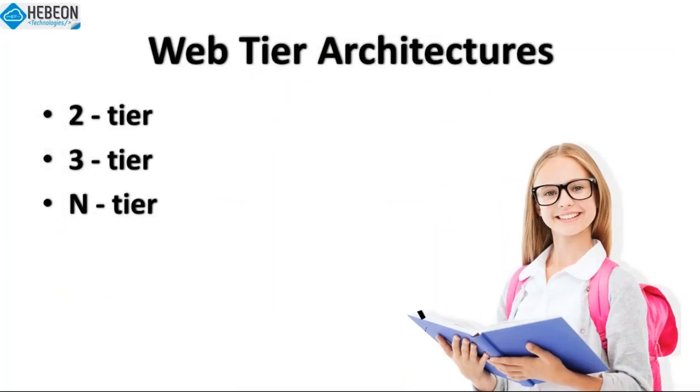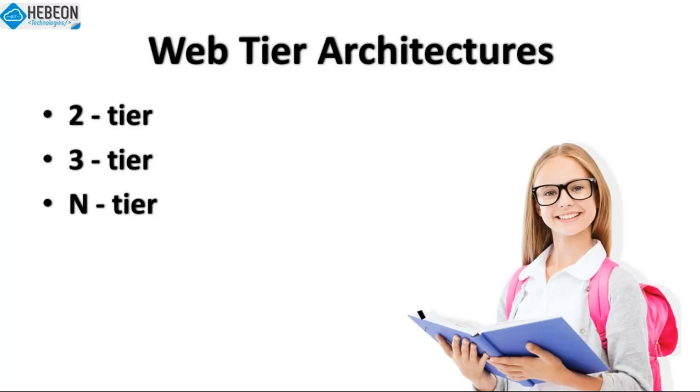So when we talk about web applications, web applications will have different tiers: 1 tier, 2 tier, 3 tier, n tier. Whenever we are developing a web application, it is a combination of many things.